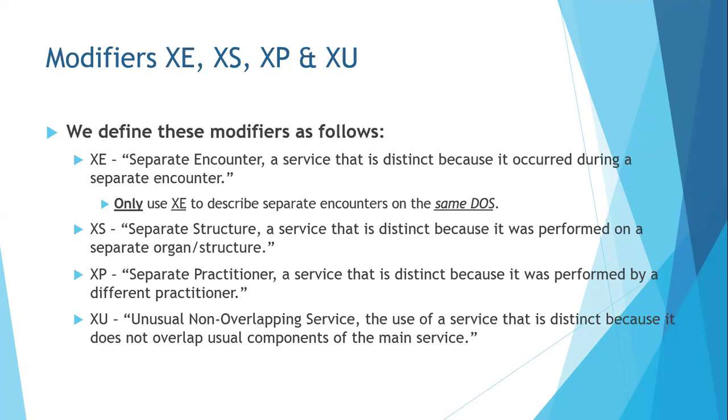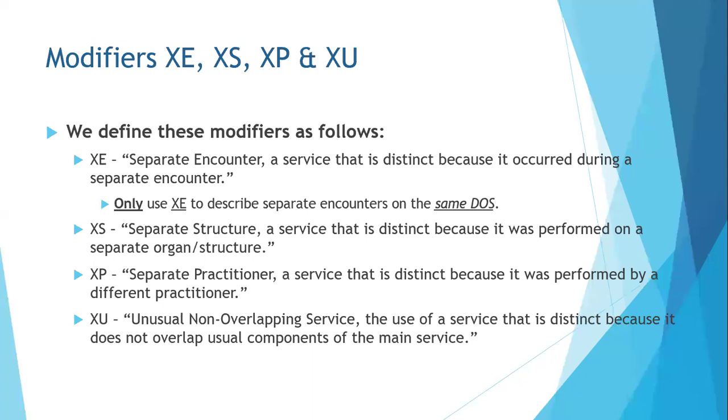Okay. If the second procedure is directly tied to the first procedure and there is a billing edit keeping you from billing them together, whether it's inclusive or more extensive or separate procedure indicator, it doesn't mean that they're going to get the XS. It has to be a distinctly different procedure. Distinct. That's the main word here. Distinct.